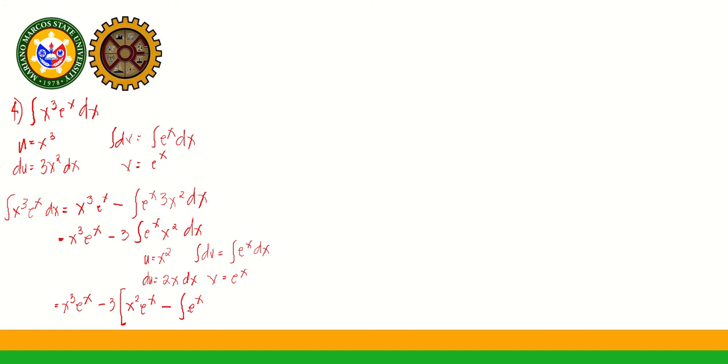Sorry, e raised to x times 2x dx. Okay? So ito na ngayon yung new working expression natin. And then we can simplify that. Dito na lang sa kabila natin ituloy. Sorry.